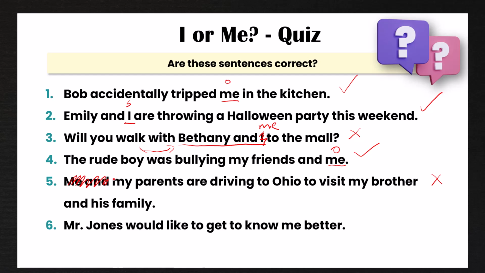We say my parents and I. We have to use the subject pronoun I because my parents and I are performing the action. And finally, number 6, Mr. Jones would like to get to know me better. This is correct. We have the object pronoun me, which is receiving the action.